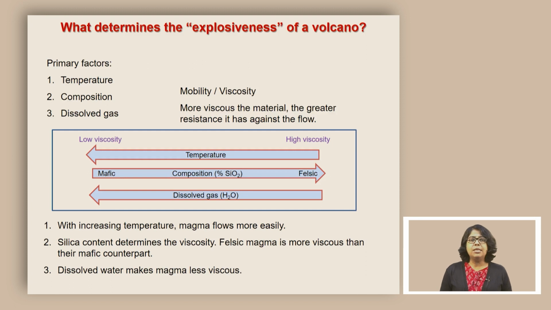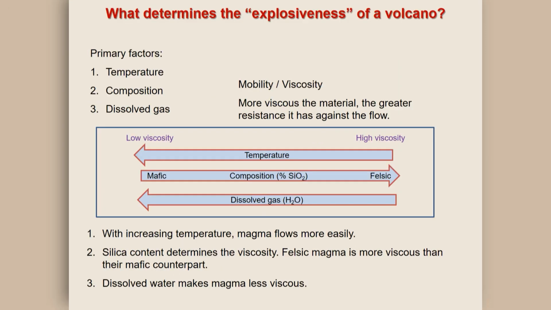And how do these factors such as temperature, composition, and dissolved gas play a role? Well, with increasing temperature, the mobility increases. In fact, if you make the fluid warm, generally they tend to have more mobility. As a result, they can flow, they do not put up as much resistance as they used to at a lower temperature.